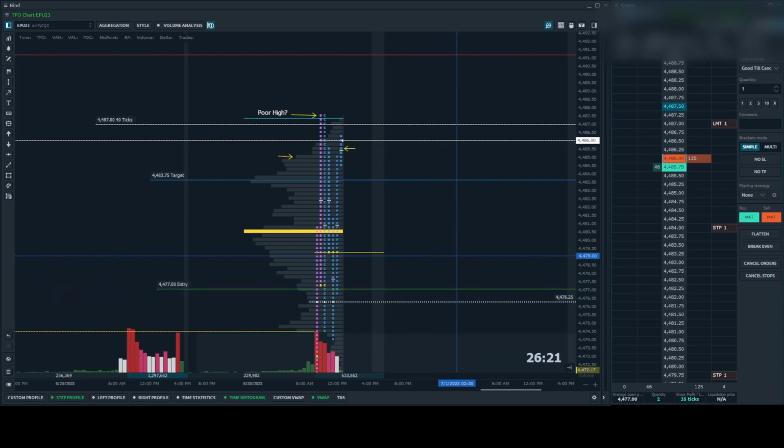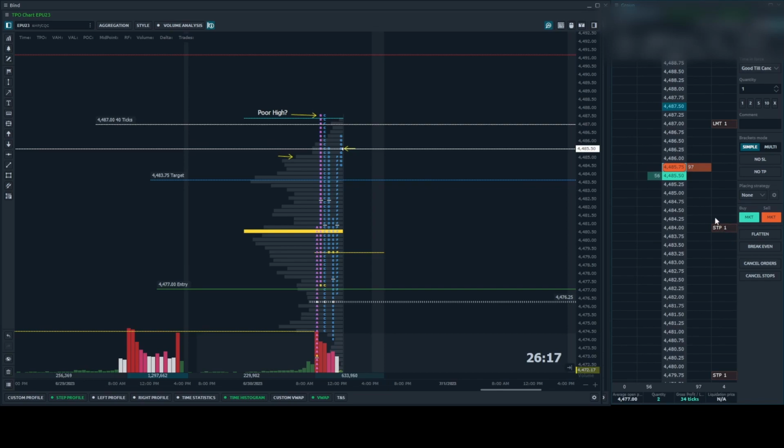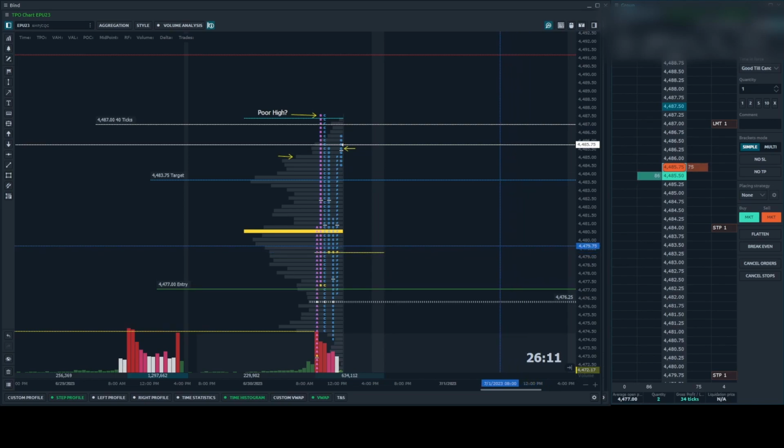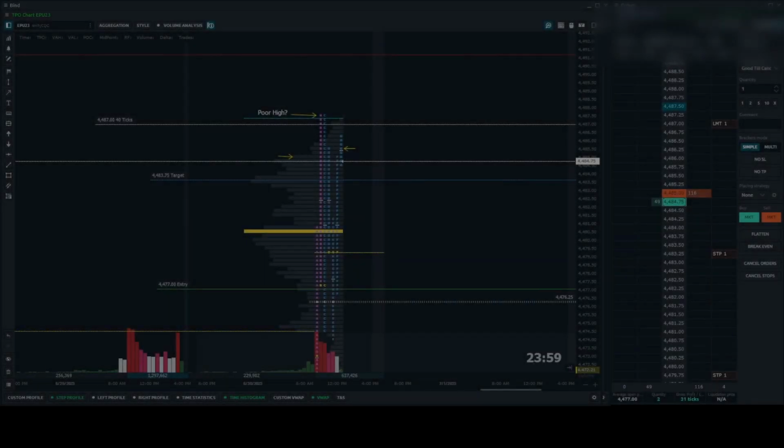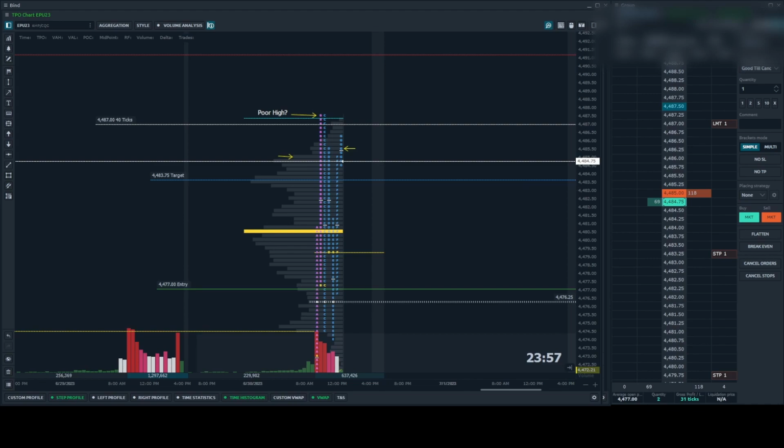One more push up and I'll tuck this stop in real tight. Worst case on this one, I'll take the 27 ticks on it.